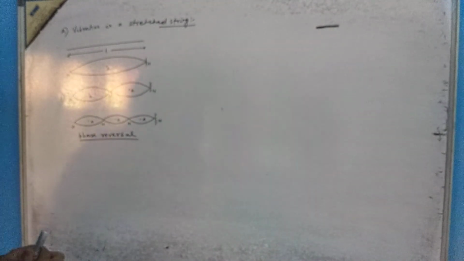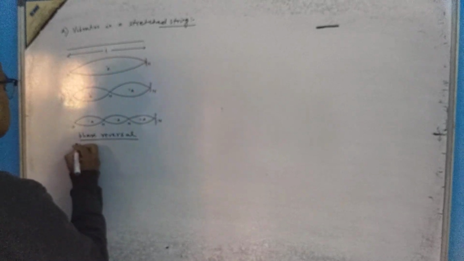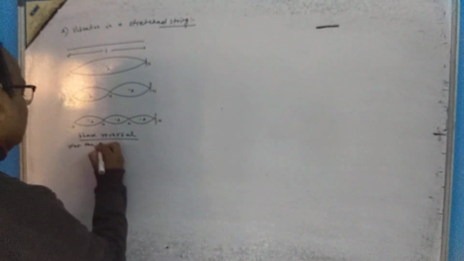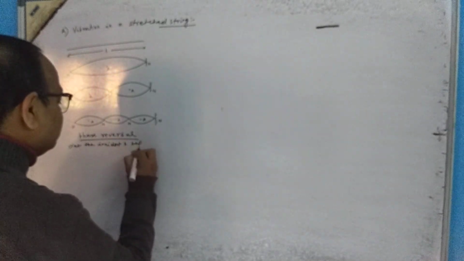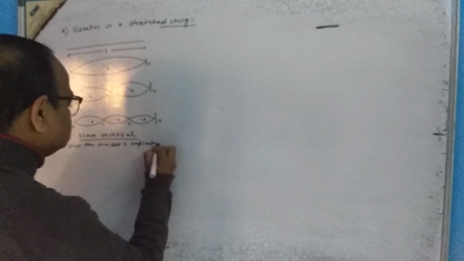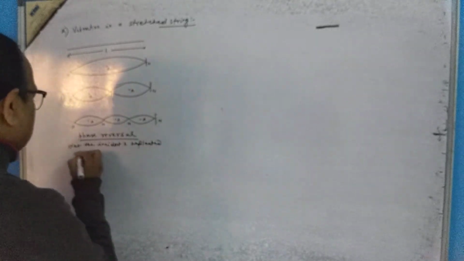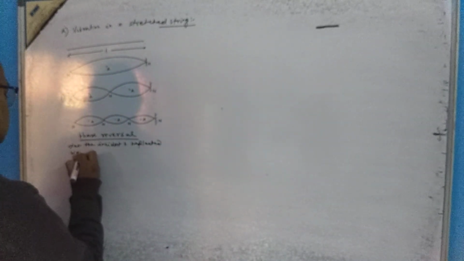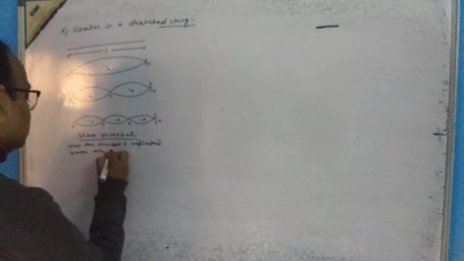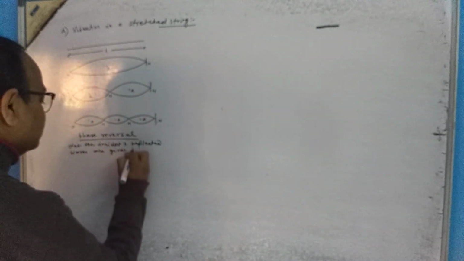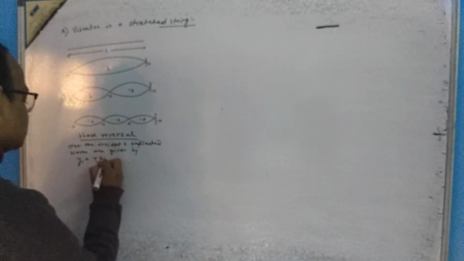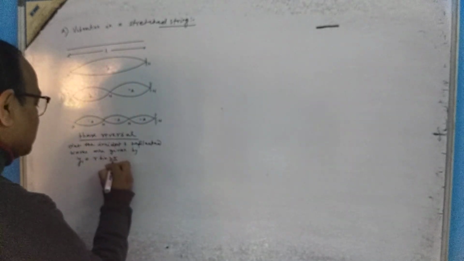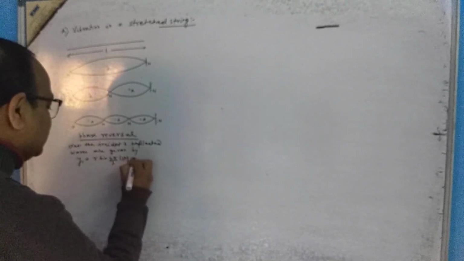Okay, so I write here, let the incident and reflected waves be given by y1 is equal to r sine twice pi by lambda (vt minus x).